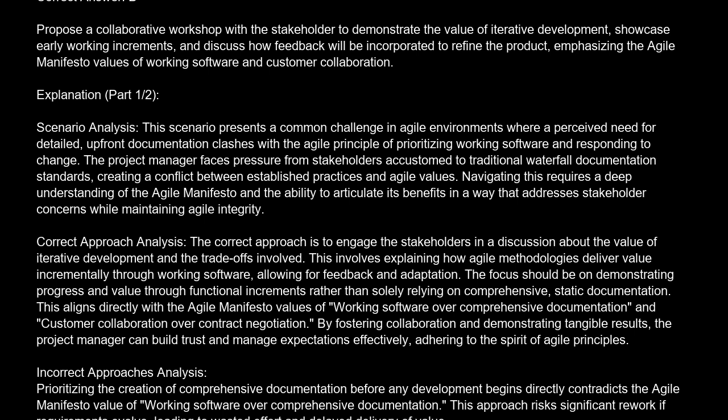This aligns directly with the Agile Manifesto values of working software over comprehensive documentation and customer collaboration over contract negotiation. By fostering collaboration and demonstrating tangible results, the project manager can build trust and manage expectations effectively, adhering to the spirit of Agile principles.